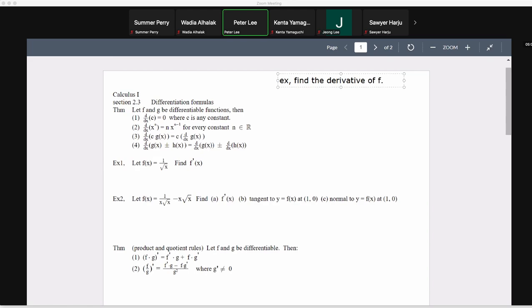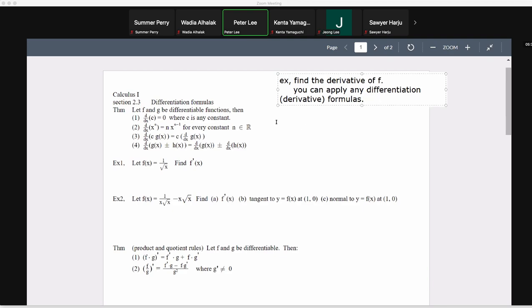In this case, what can you do? You can apply any differentiation formulas, any derivative formulas. Okay? If I just ask you to find the derivative, or evaluate the derivative or something, find the derivative, then that means you can apply the formula.